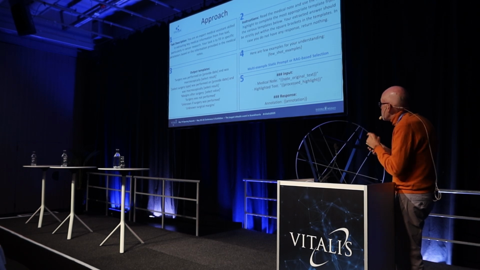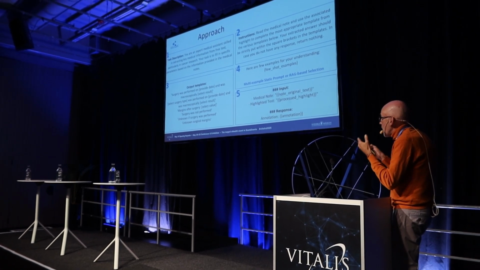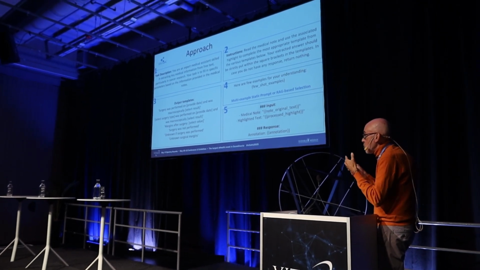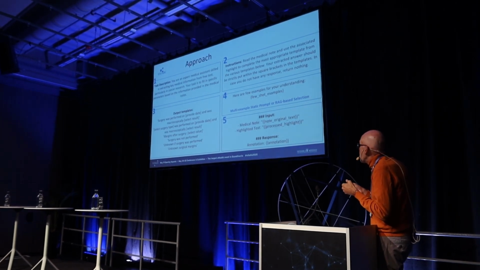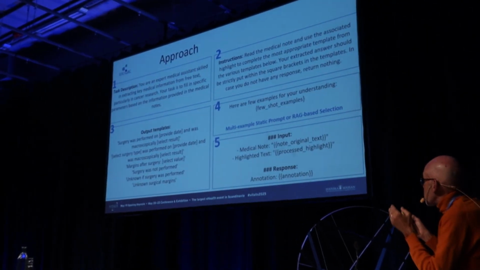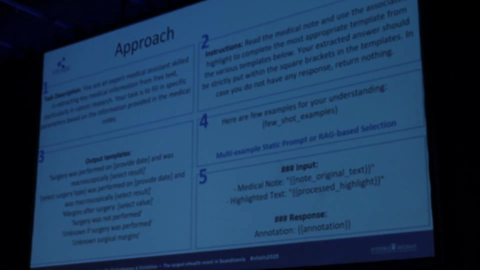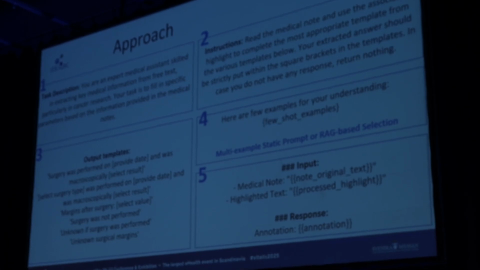This is, in a sense, the structure of the prompt we are building to interact with the large language model. The first part is the general description of the task that we want to perform.